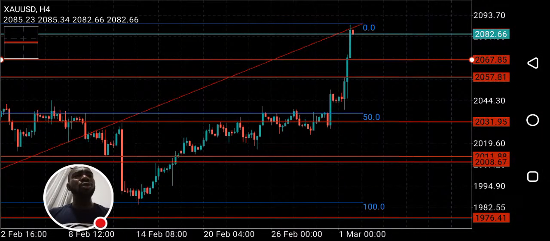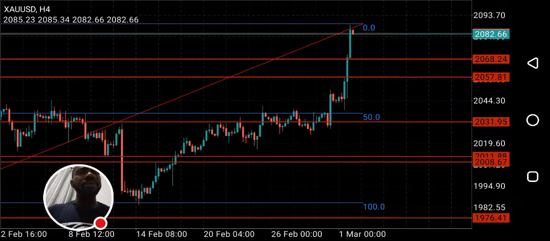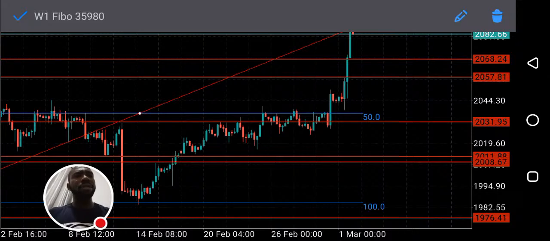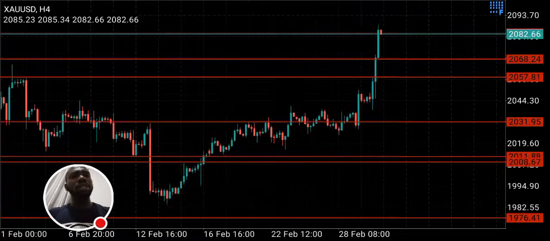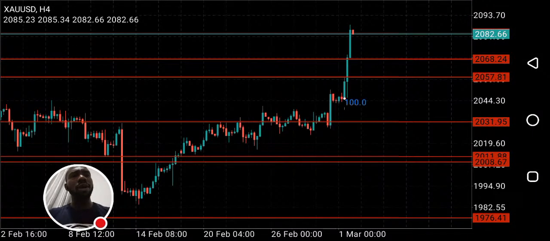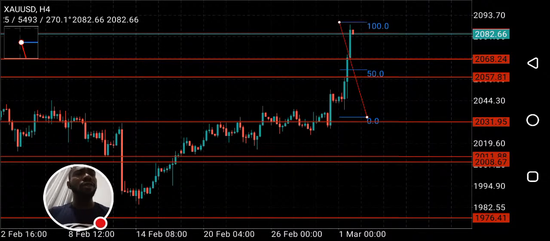You could also see on 4 hour that if we apply our Fibonacci tool, let me delete the weekly Fibonacci. We could work with this swing low. This is the most recent swing low on 4 hour, and this is the most recent swing high on 4 hour.